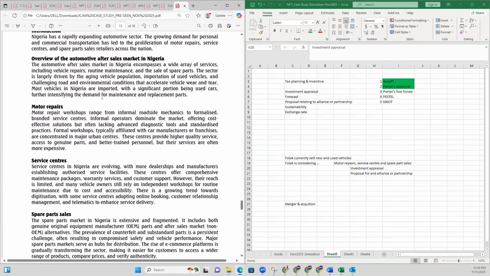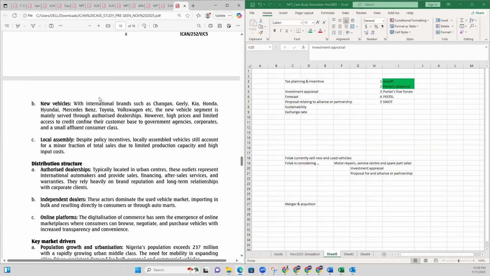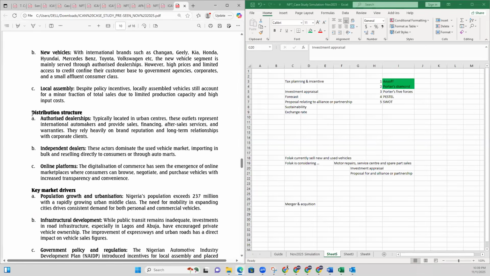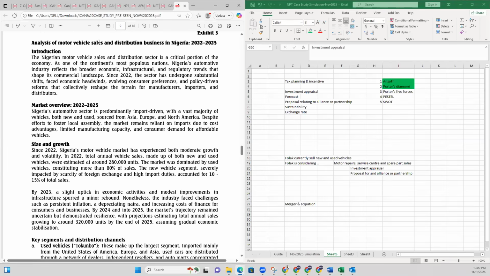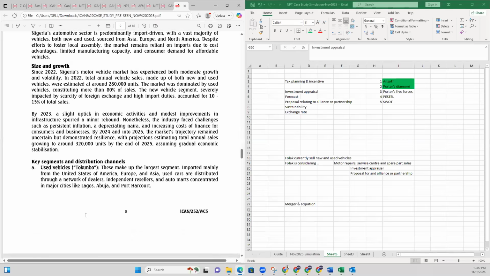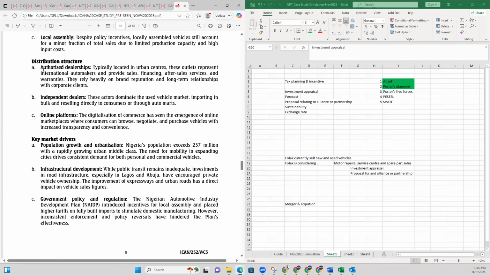independently. If you look at that part where they talked about the structure, they said whatever you are doing in this sector, although this is for the distribution, which is the sector they are currently in, it's either you are operating as an authorized dealer or an independent dealer.